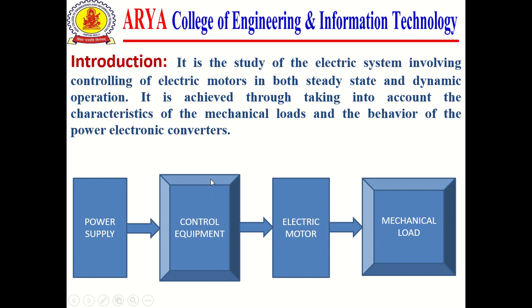The function of the control equipment unit, as per the requirement of the electric motors, is to supply the mechanical power which is demanded by the mechanical load, as per specification, as per torque, as per speed. So this is the basic process diagram for the drive system.